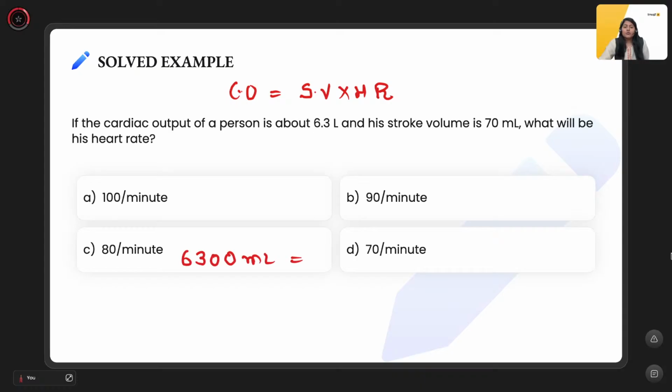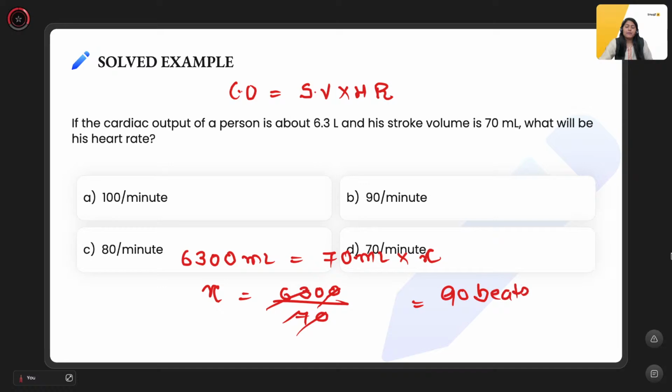The stroke volume is 70 ml, and you have to find the heart rate. You will simply divide 6300 by 70 and you will get the answer as 90 beats per minute. So your heart rate is going to be 90 heartbeats per minute.